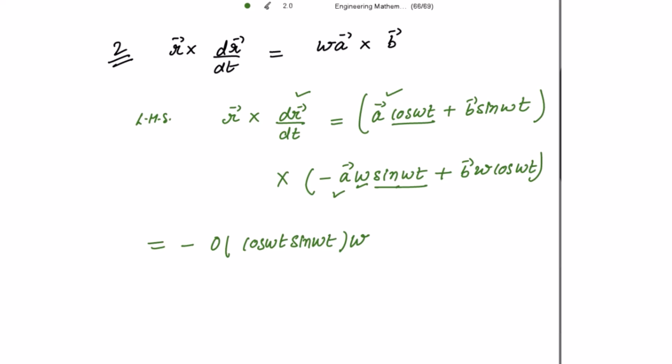And now taking its cross product with this, first with this and then with this. So we get, okay, we have to write this as a vector cross product with b vector, that's it, and multiplying cos wt with cos wt, that gives cos square wt, and also there is w.